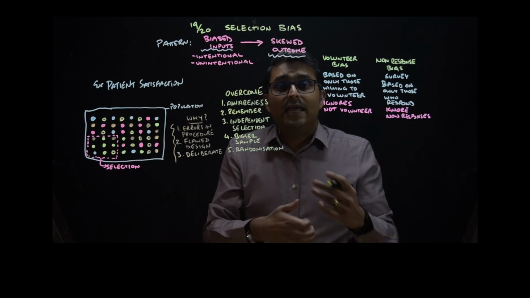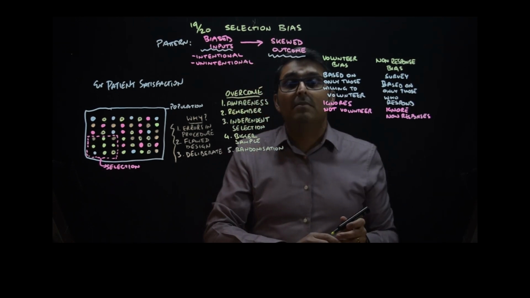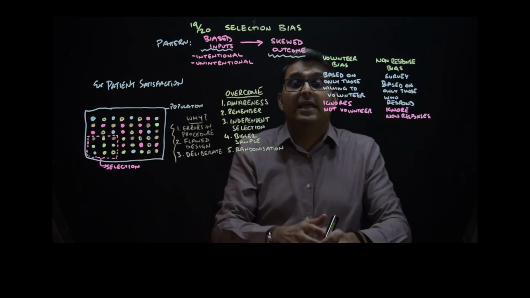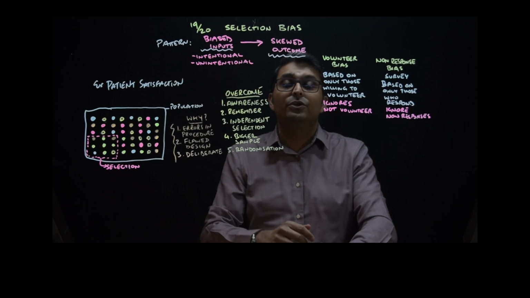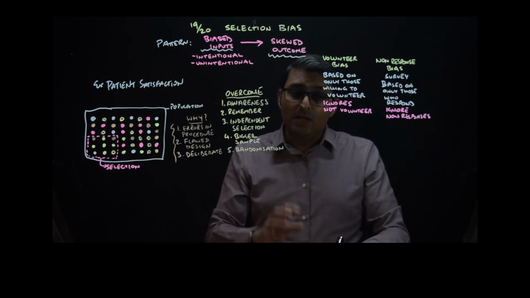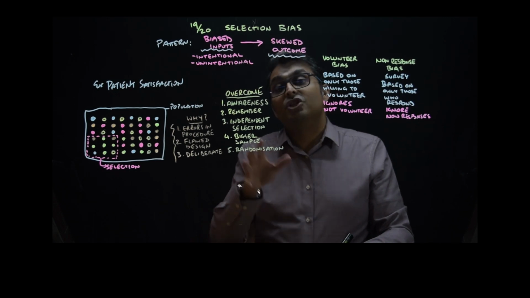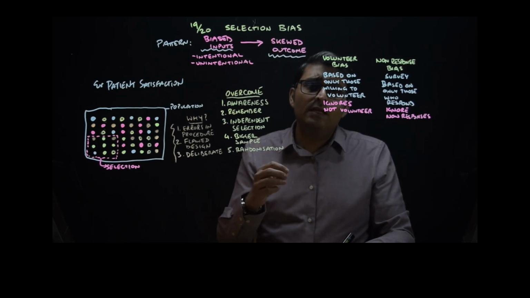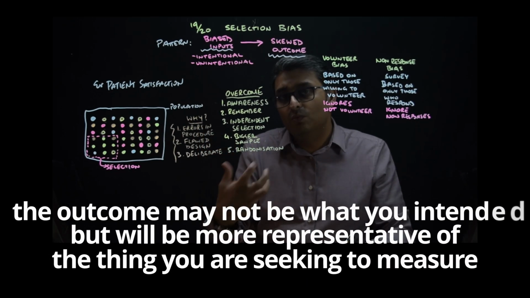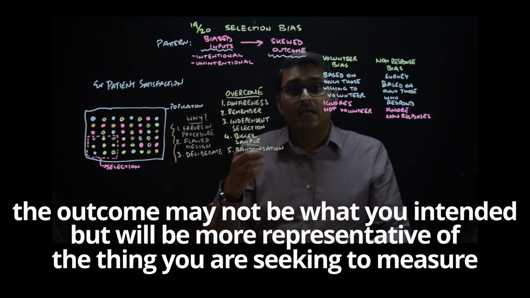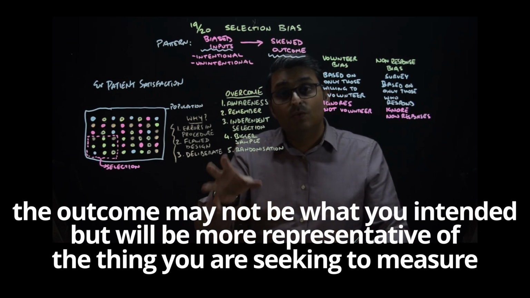All of these techniques will help to overcome and reduce selection bias, which will help to bring about a more accurate conclusion and outcome. Although the outcome may not be what you intended, when you get to something, it might be different to what you wished it to be, it will be more representative of the thing you are seeking to measure.